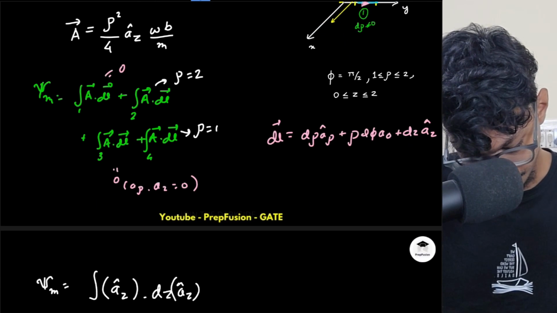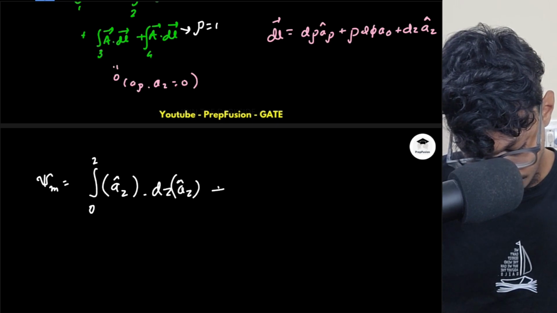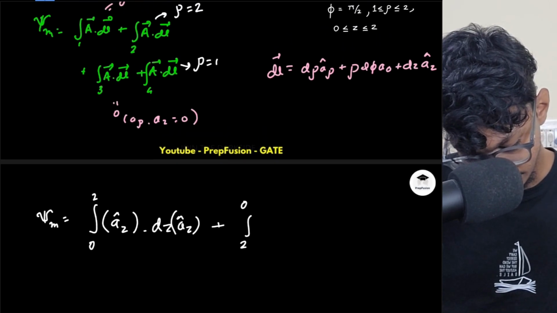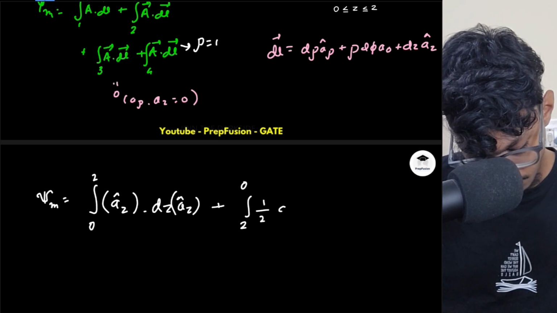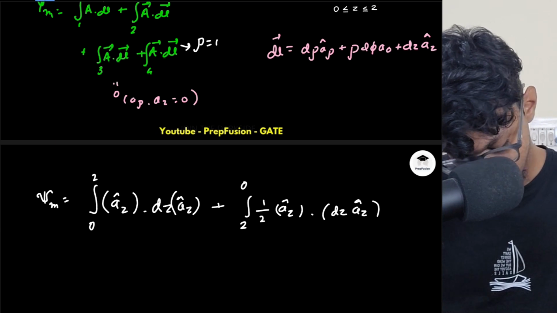Sorry, not 0 to 1, 0 to 2. Z is going from 0 to 2, plus next time z is going from 2 to 0, and here rho is 1. So this will be 1 by 2 az cap dot dz az.